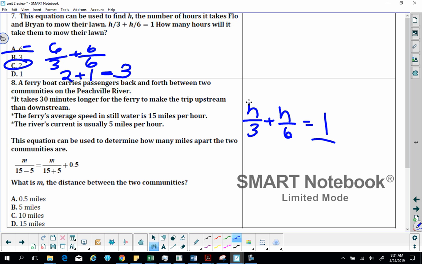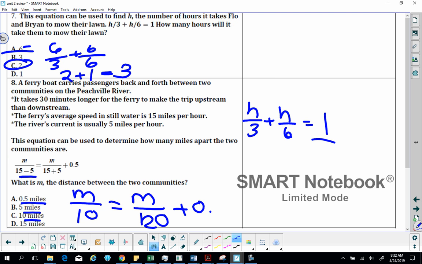Yes, no, maybe. Okay, so I want you to try that with this one. This was the next question. They're saying which of these could be m? So first, let's simplify. What is 15 minus 5? 10. And what's 15 plus 5? 20. I almost put 15 plus 0.5.